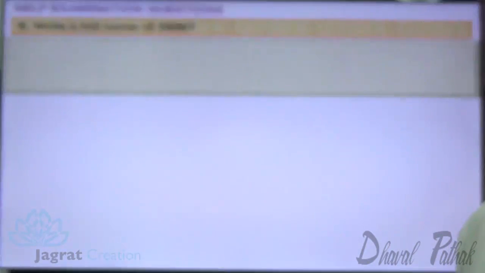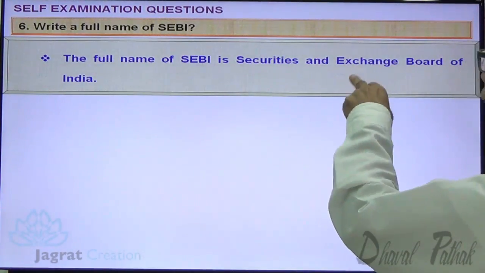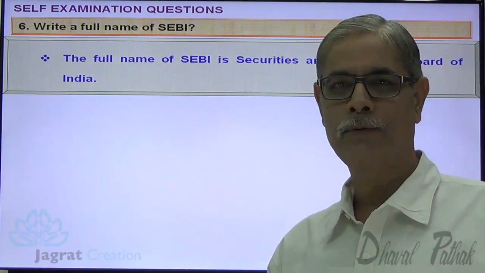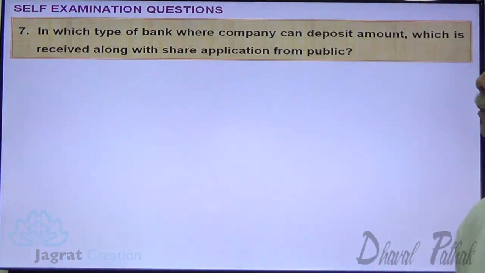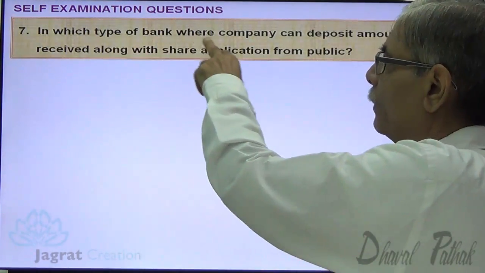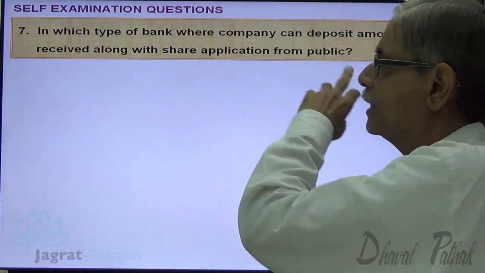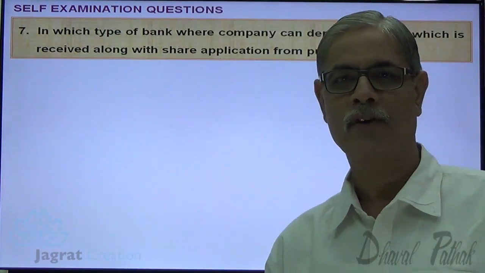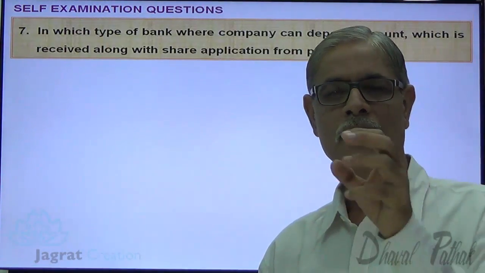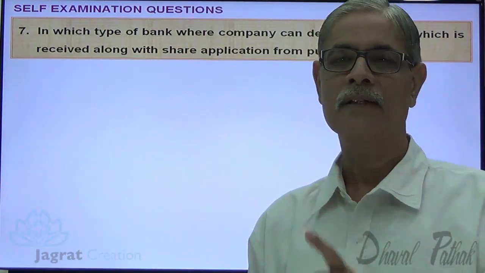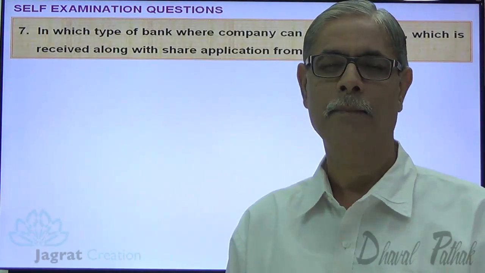Write the full name of SEBI. Securities and Exchange Board of India, that is the full form of SEBI. In which type of bank can a company deposit the amount received along with share applications from the public? The share application money is collected by the bankers of a company.